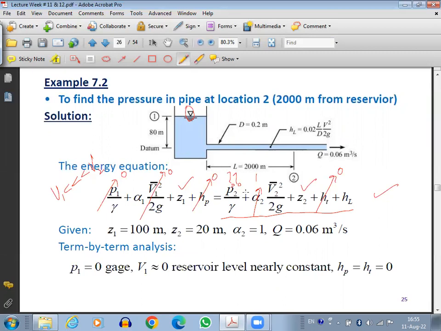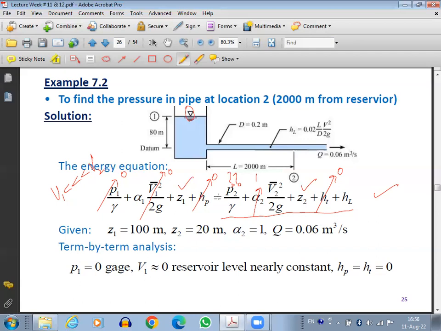So the value of P2 that you're going to get by using Bernoulli's equation will be different than the value of P2 that you're getting from this energy equation. So which one is more accurate? Energy equation is more accurate, because in the real world, viscous effects will be there. In Bernoulli's, we made the assumption that the viscous effects are not there.